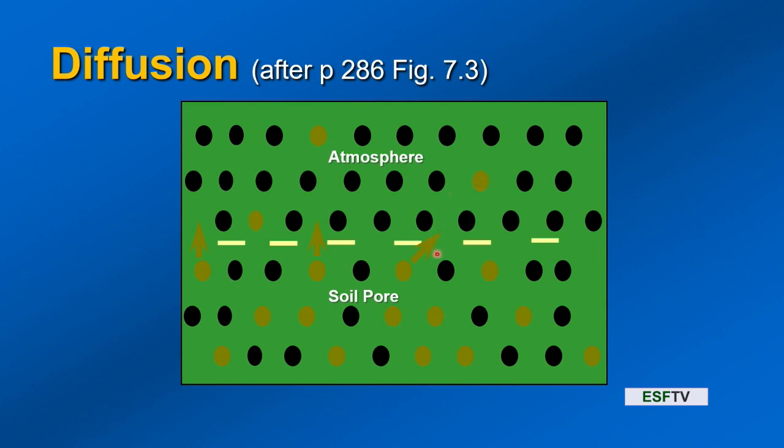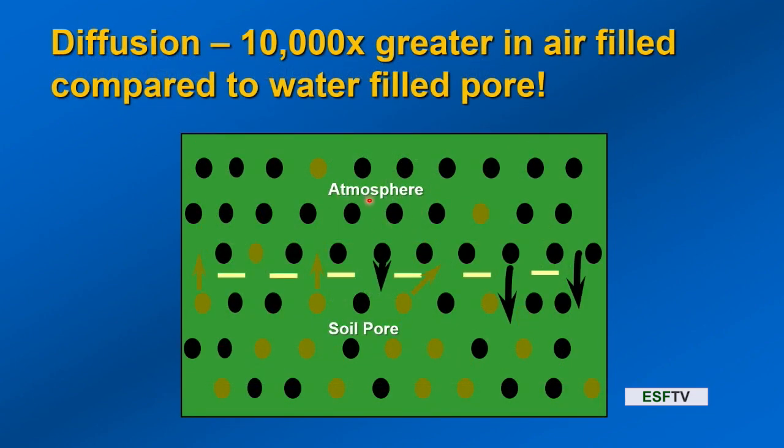There's a higher concentration in the soil and a lower concentration in the atmosphere, so the movement is to the atmosphere. With oxygen, the concentration is higher in the atmosphere than in the soil. So here the diffusion gradient is from the atmosphere to the soil, again by diffusion. These are movements in response to a gradient, and the gradient is the partial pressure, or concentration.